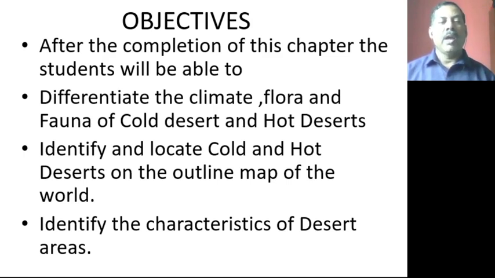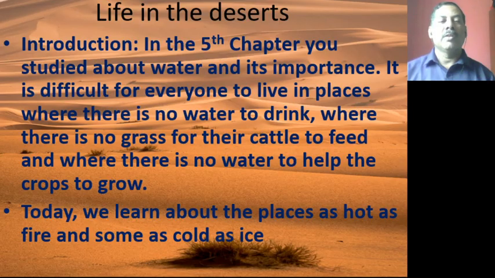Identify and locate cold and hot deserts on the outline map of the world. Identify the characteristics of desert areas. So these are the three objectives you should know before the starting of the chapter. Now we will start the chapter.